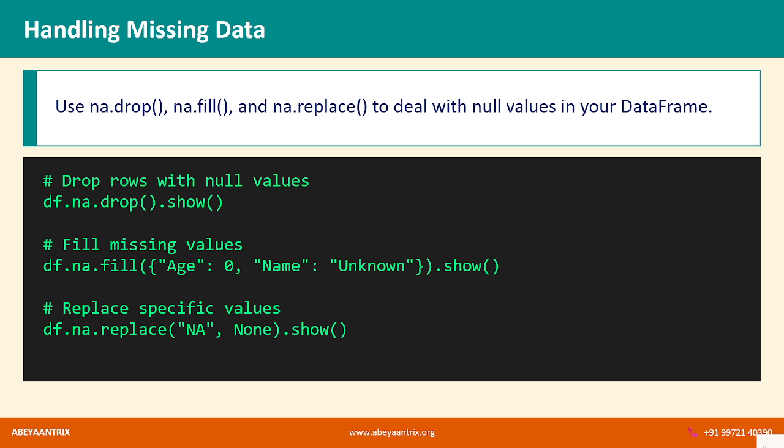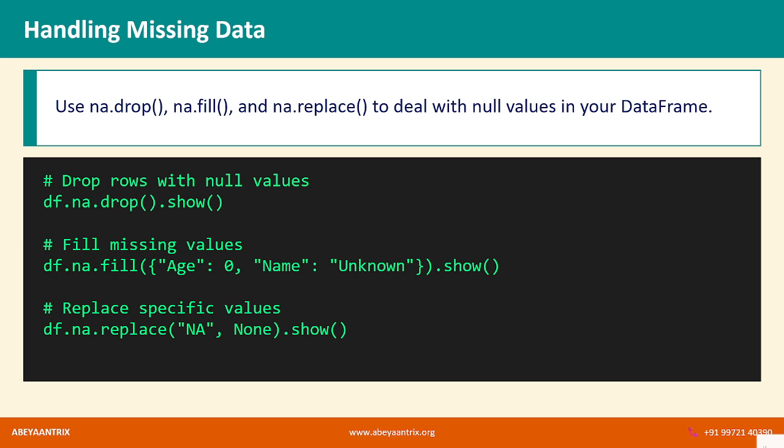Wherever the name is empty, I am filling unknown. This is how you fill the missing values: df.na.fill. Finally, you show the data frame after filling age with 0 and name with unknown wherever there are empty places.